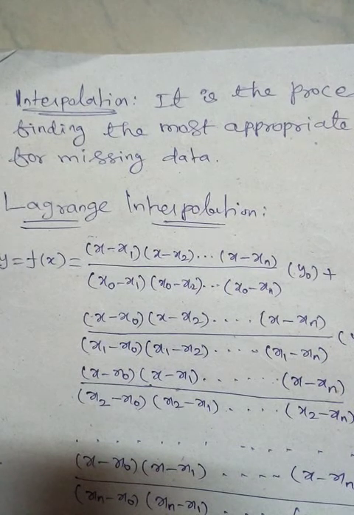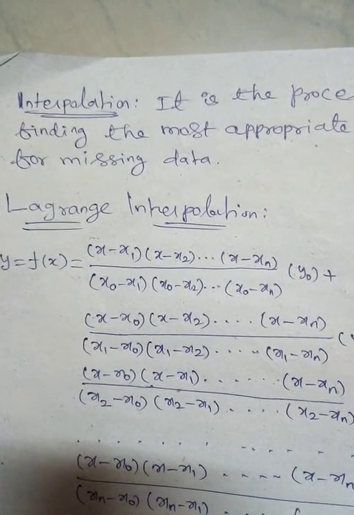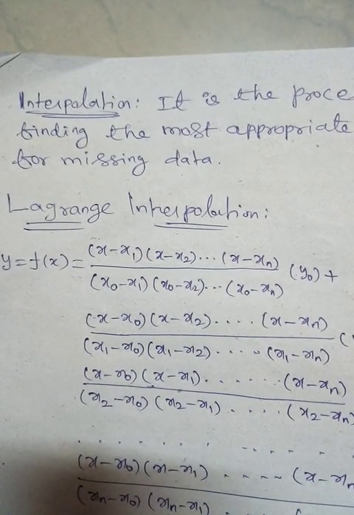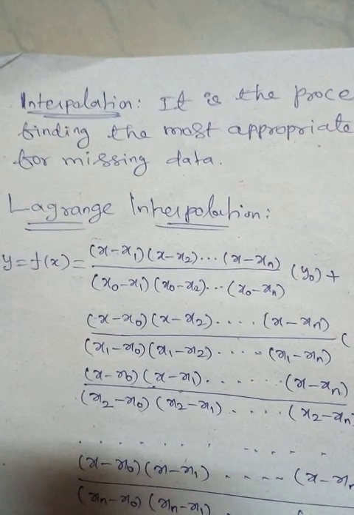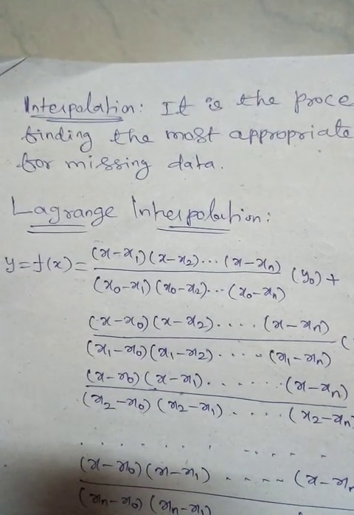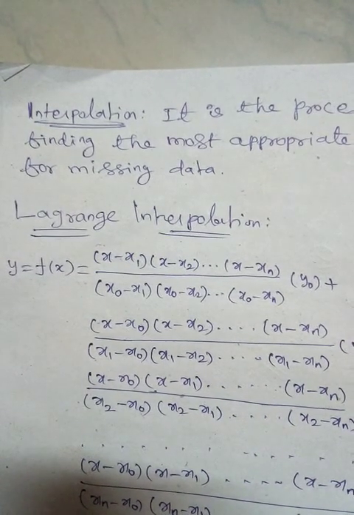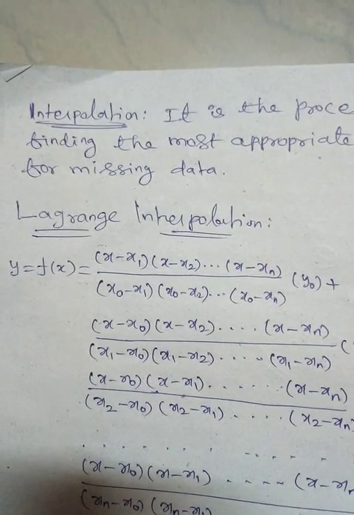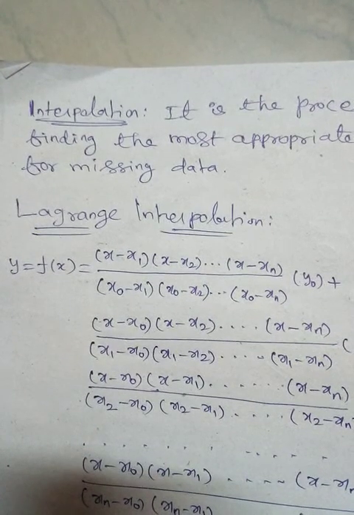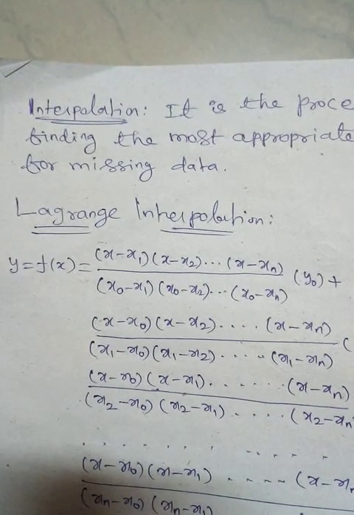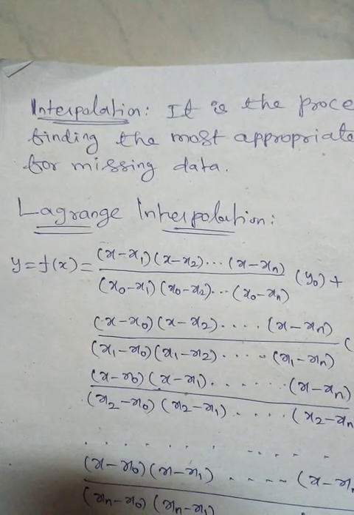That is missing data. So what is interpolation? Interpolation is the process of finding the most appropriate value for the missing data. Are you clear? So if x is equal to 6, what is the value for y? So using the technique of interpolation, we are going to find the value for y.